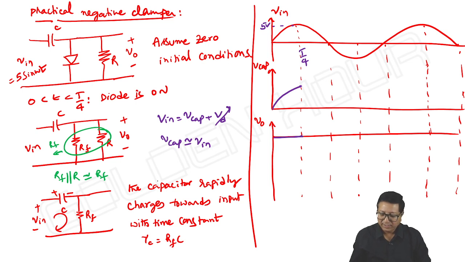Okay. And later for t greater than T by 4, the input tries to fall below 5 volts and the capacitor voltage tries to rise above, tries to reach 5 volts, which makes the diode turn off.